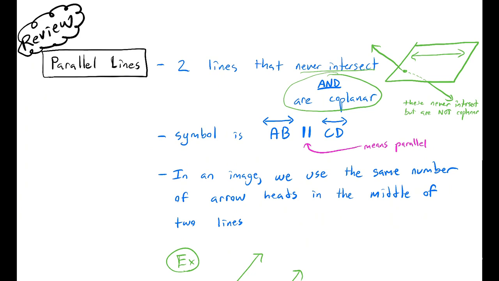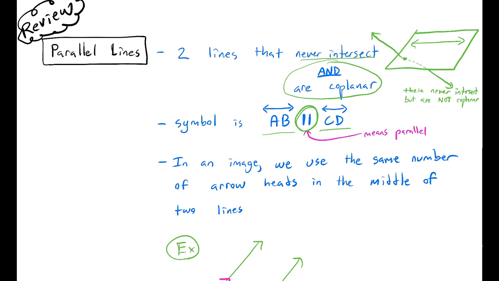Okay, the symbol in writing is these two vertical parallel lines. So that means line AB is parallel to line CD, okay? In an image, what we do is just like we use tick marks. So if we have two line segments that are congruent, we put one tick mark, or if in the same diagram we have two other line segments, we can say, oh, well, these two are the same with two tick marks on them.